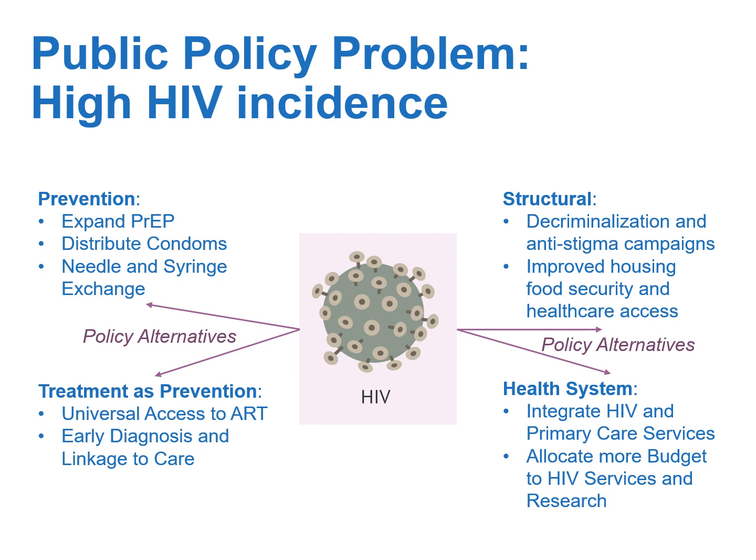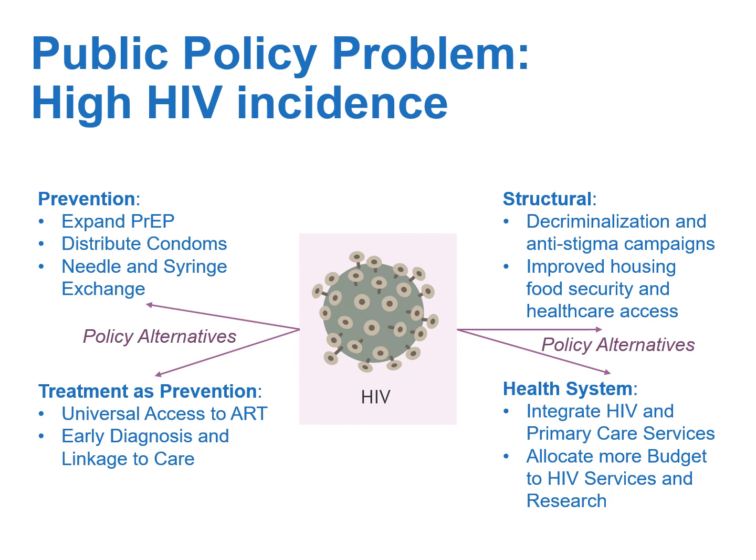Under treatment as prevention, which is grounded in strong evidence, this focuses on early diagnosis, linkage to care, and universal access to antiretroviral therapy. Remember that people who are virally suppressed are unable to transmit the HIV virus.